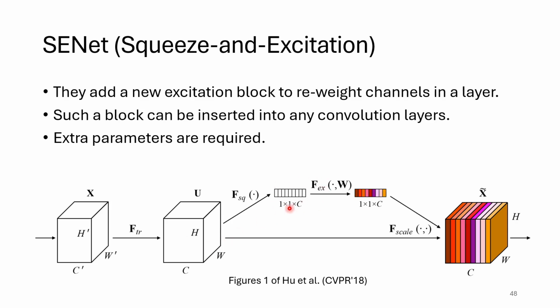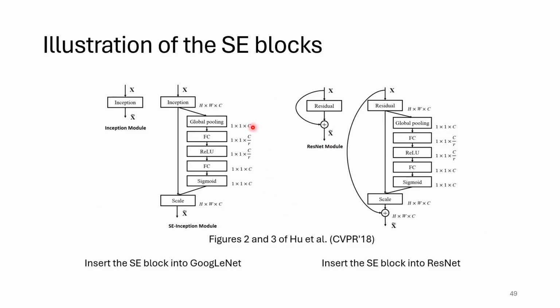of C values. So this is the C value, and there is a fully connected layer. That is the extra parameters, and then do ReLU, and do a fully connected layer again. Because of the ReLU, they increase the nonlinearity. Okay, and then they apply the sigmoid activation function.